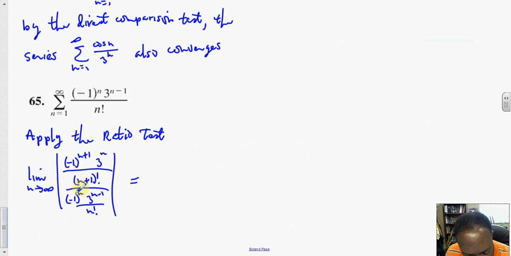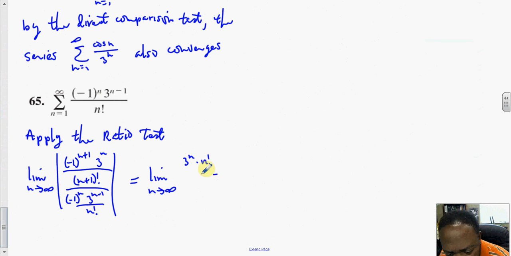So those negatives will go out, then we can drop the absolute value sign. So we have the limit as n goes to infinity of 3 to the n here, and this is times n factorial that came from downstairs. That's divided by, this n plus 1 factorial is n plus 1 times n factorial, right? And this is times 3 to the n times 3 to the -1.